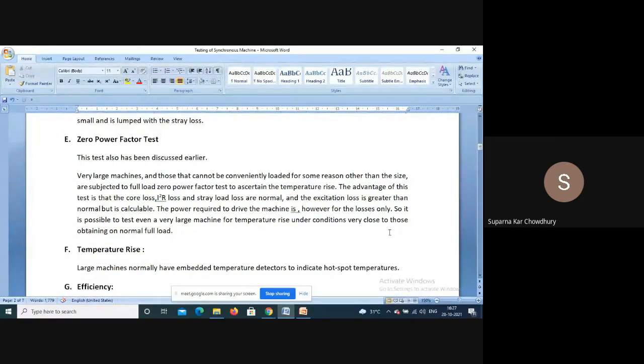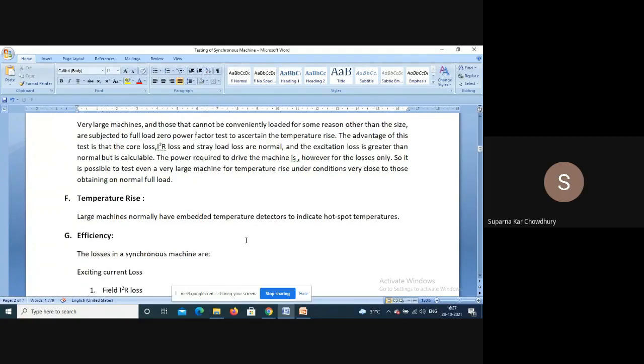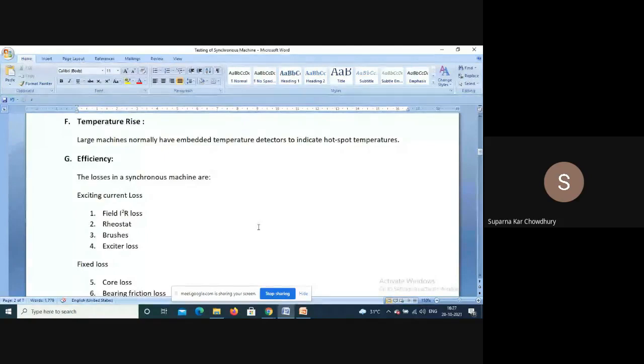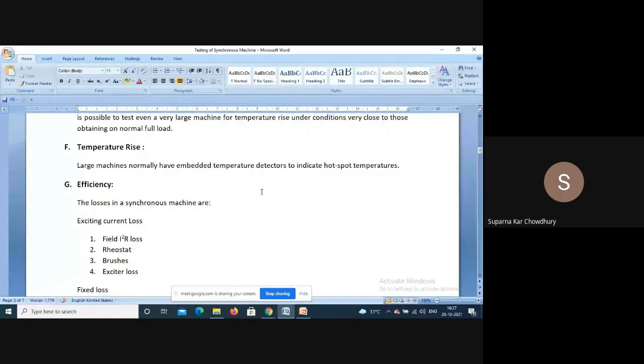Otherwise, for this large machine, it is not possible to load the machine to get the exact temperature rise of the machine. Now, another next thing is how temperature rise can be detected from zero power factor test, because from the embedded temperature rise detector.